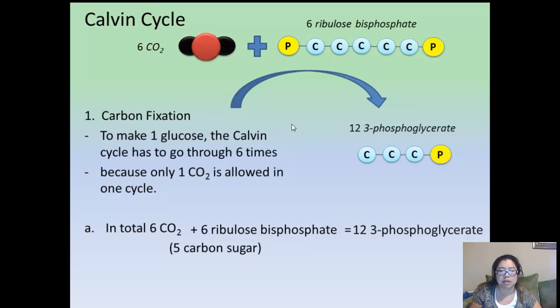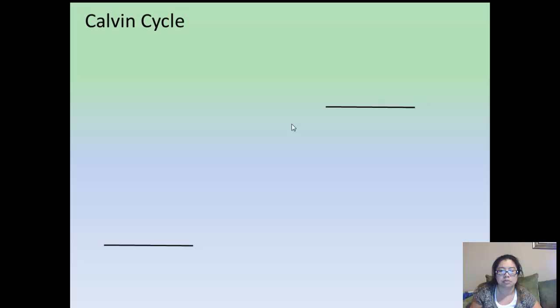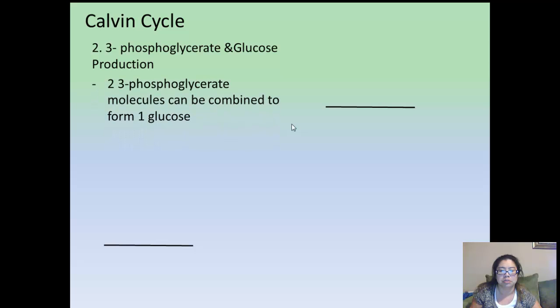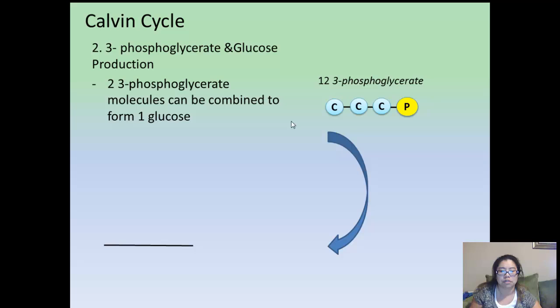The second step in the Calvin cycle is called the 3-phosphoglycerate and glucose production. Here, 2 of the phosphoglycerate molecules can be found to form 1 molecule of glucose. So they'll take 2 from the 12 of the 3-phosphoglycerate there, and then eventually with the cycle, it'll form 1 molecule of glucose.